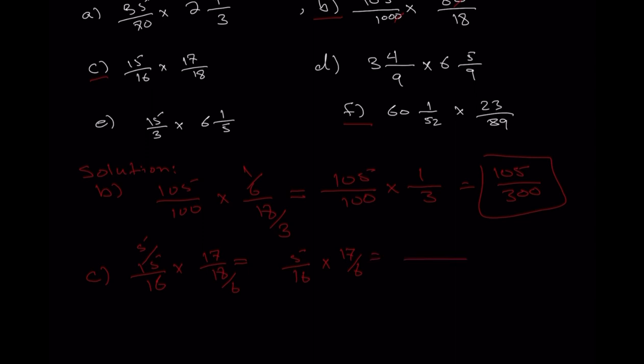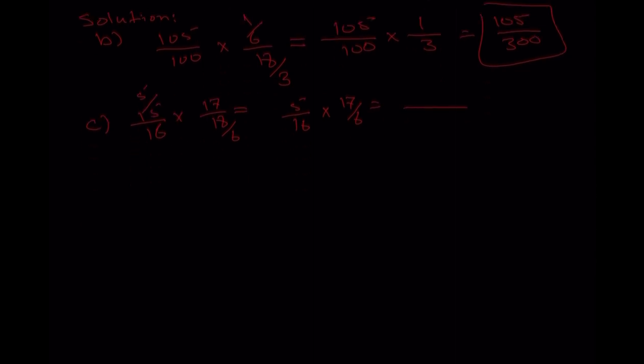Now we can multiply them. 5 times 17, 16 times 6. 5 times 17, let me take my calculator out. 5 times 17 will give me 85. I could do that by mind. 16 times 6 will give me 96. So it's a proper fraction.